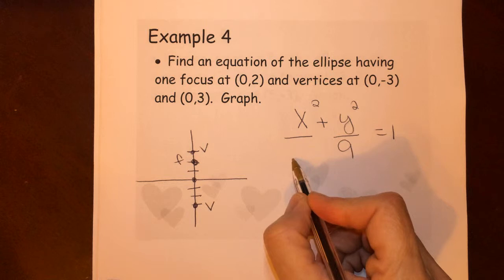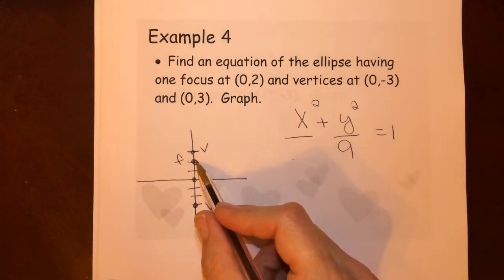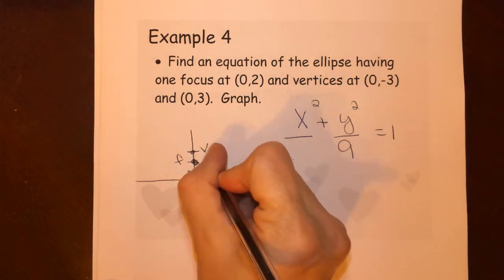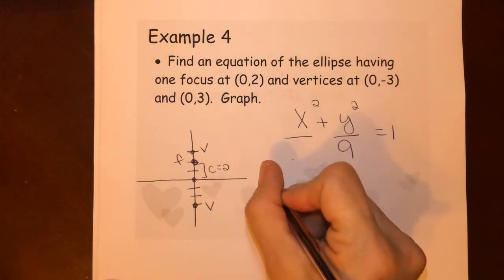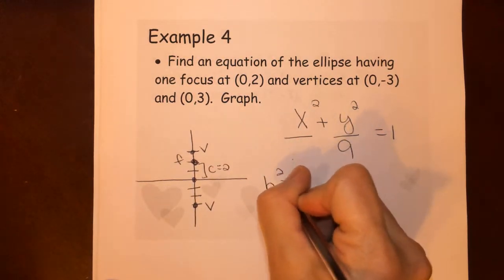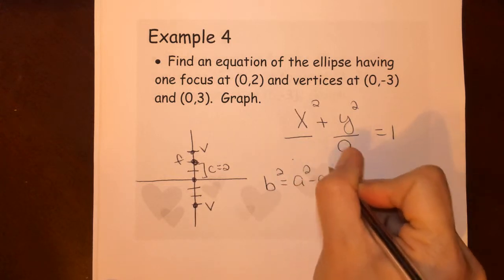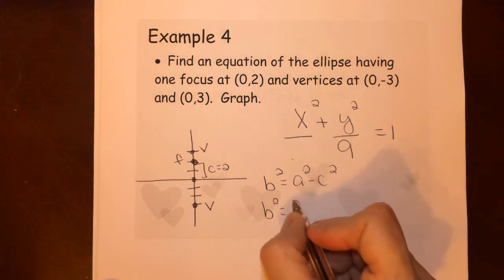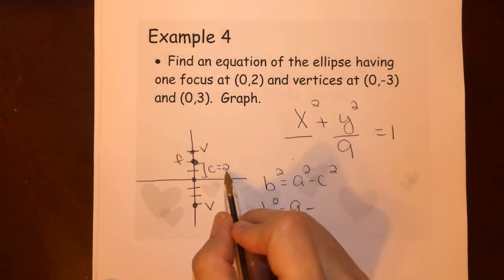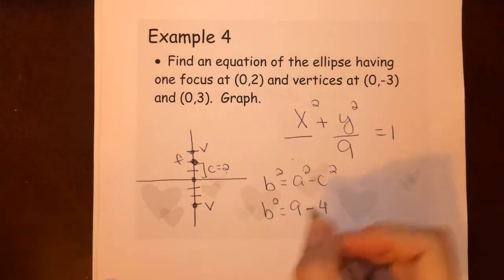I don't know what b is, but I do know my focus. So if I know my focus, I know that c is equal to 2. So again, we're going back to that formula: b squared equals a squared minus c squared. So I don't know b, but I do know a squared is 9 minus c is 2, so 2 squared is 4.